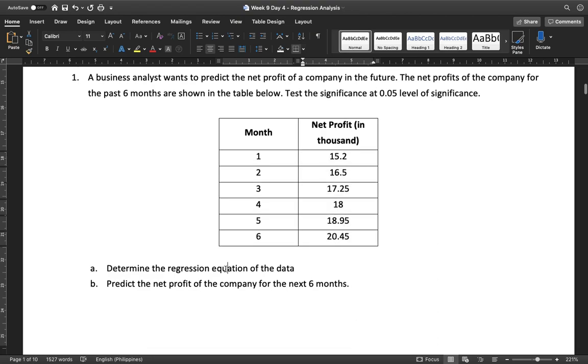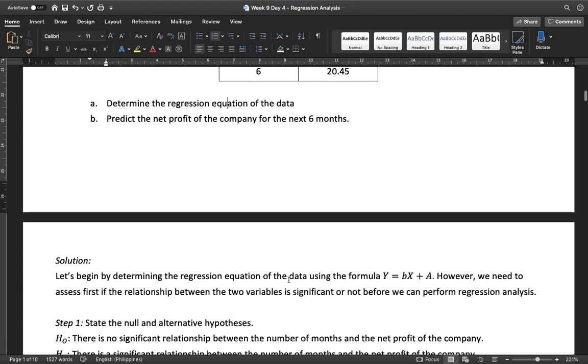First, determine the regression equation of the data, and B, predict the net profit of the company for the next 6 months. So, it's month 7 hanggang 12. So, magkano kaya magiging profit ng company given this value? So, magpe-predict tayo. Yung prediction, kaya niyang gawin ni regression analysis.